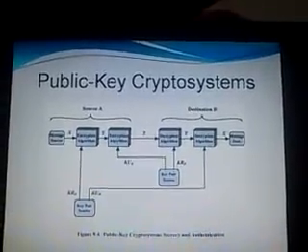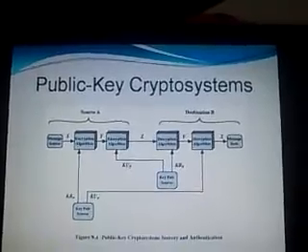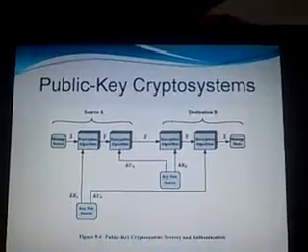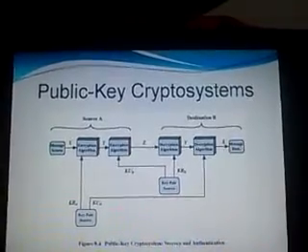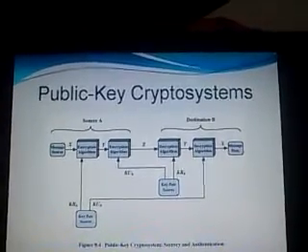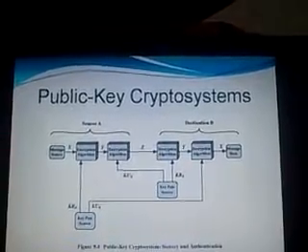This is our public key cryptosystem, where a message X is entered, and the encryption algorithm uses the key pair source KRA, and Y is given as output.